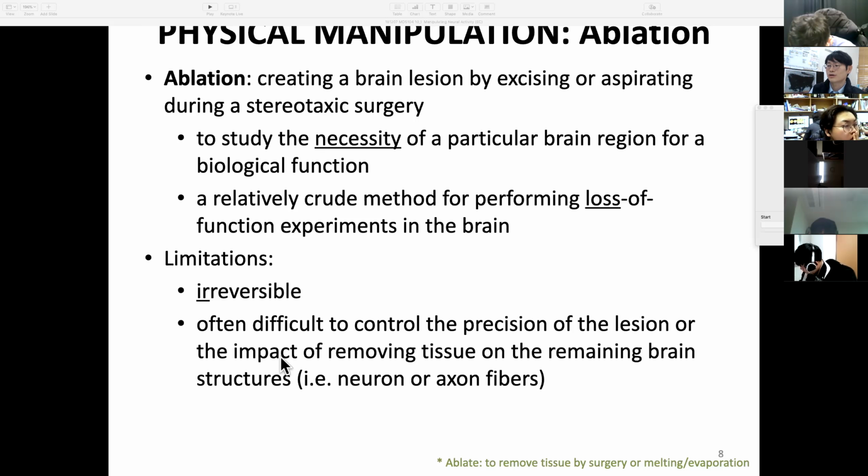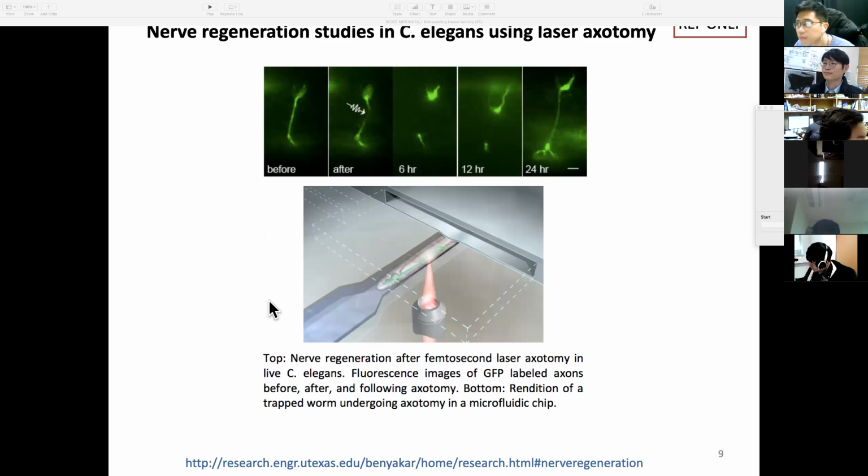We don't know the impact of removing tissue on the remaining brain structure if they are all connected by neurons or axonal fibers. So obviously this is a crude method, but it can be useful.